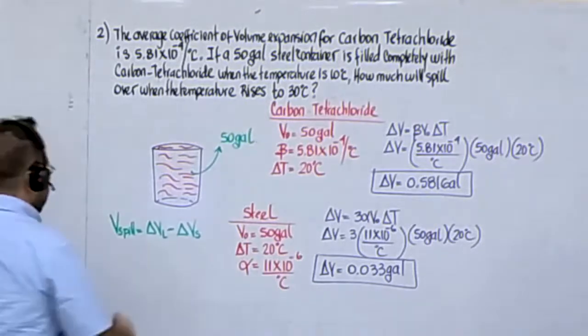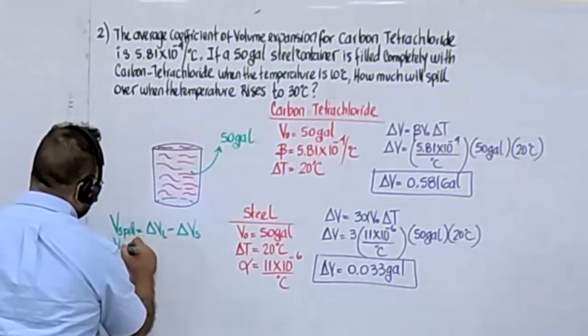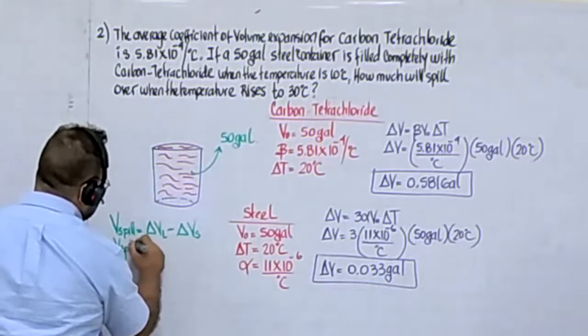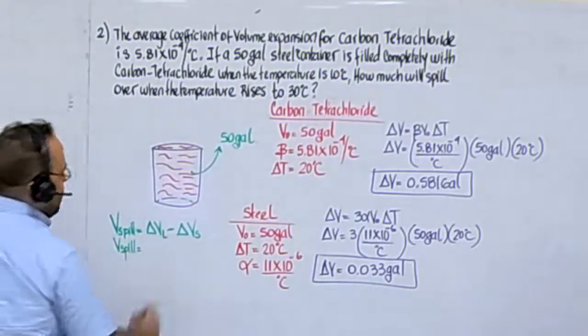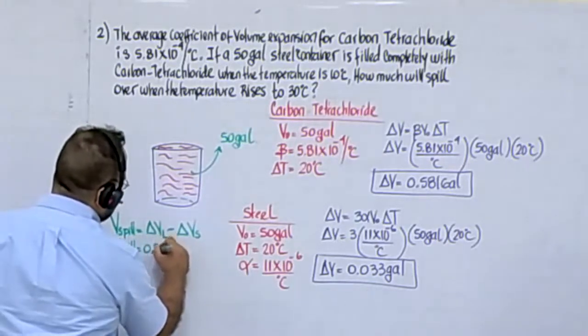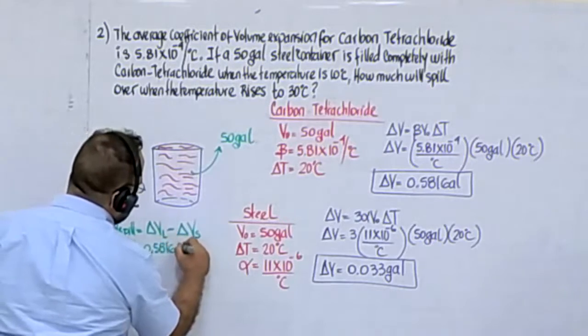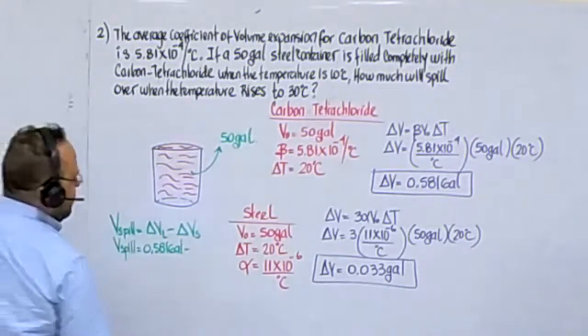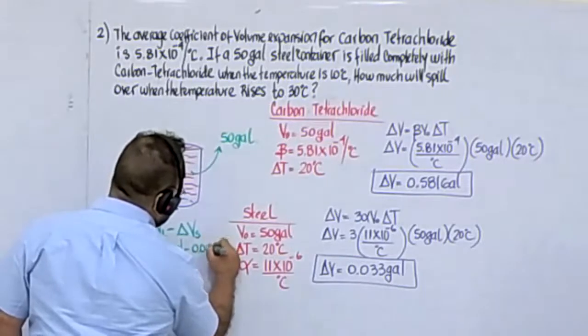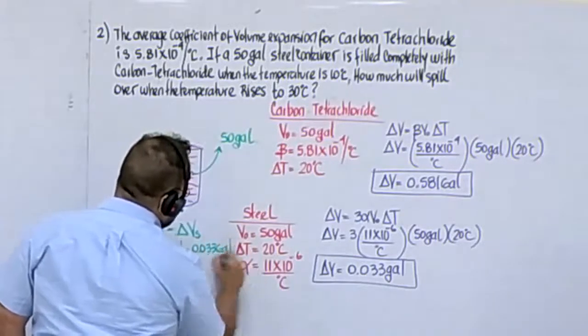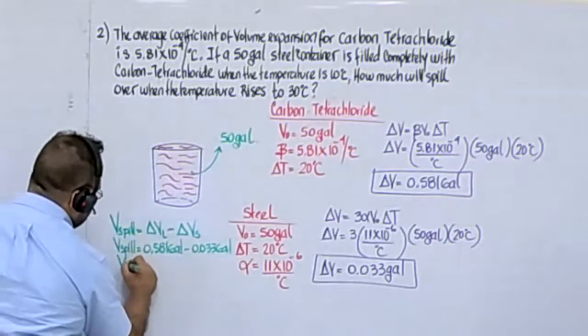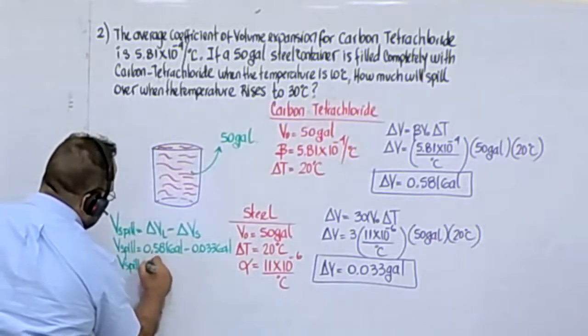So just like Daniel says, this volume can be calculated by taking 0.581 gallons, subtracting obviously 0.033 gallons.